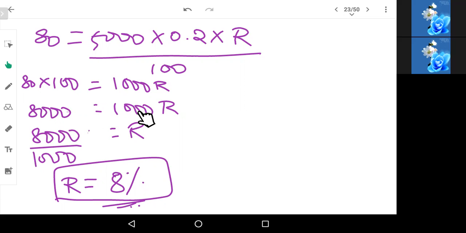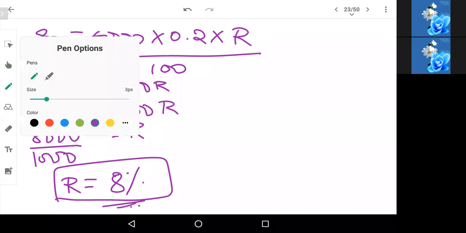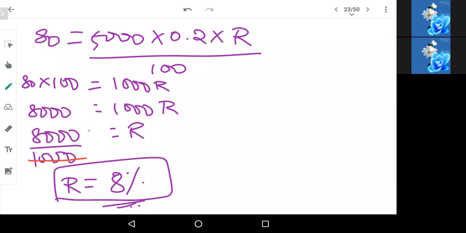Now take this 1000 to the other side, which will become division. So if you cancel the three zeros, the rate of interest will be 8%. Now is it clear?